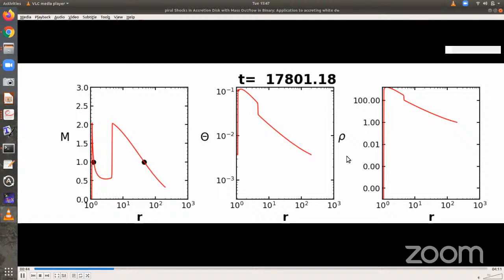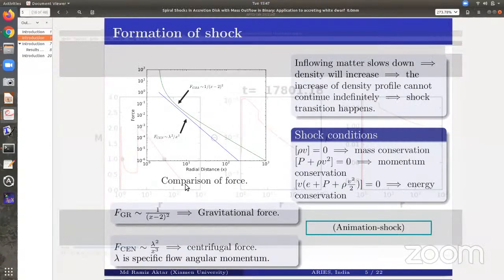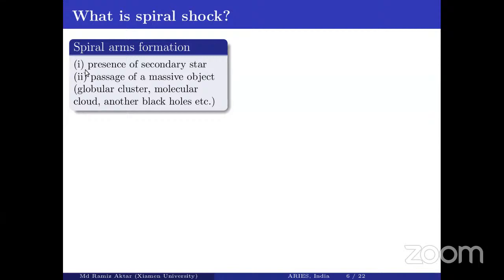So now, we already know what a shock is in general. So what is a spiral shock? First we have to understand why these spiral arms form in the accretion disks around compact objects.